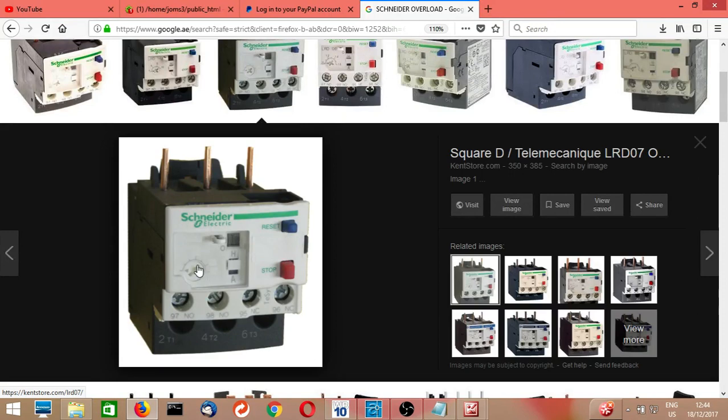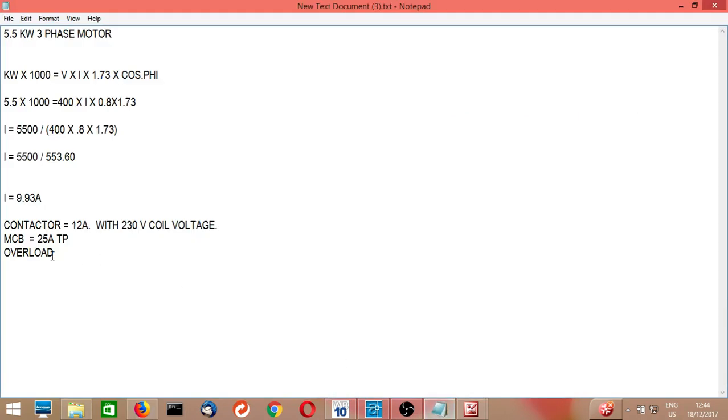If you set this overload up to 10 ampere, then the motor should take 9.93 current, but in some cases due to overflow or some bearing jam, the motor may take more current, more than 10 ampere or 12 ampere, for a certain time, then the thermal overload will trip. In this way, the overload will give thermal protection, over current protection to the motor.